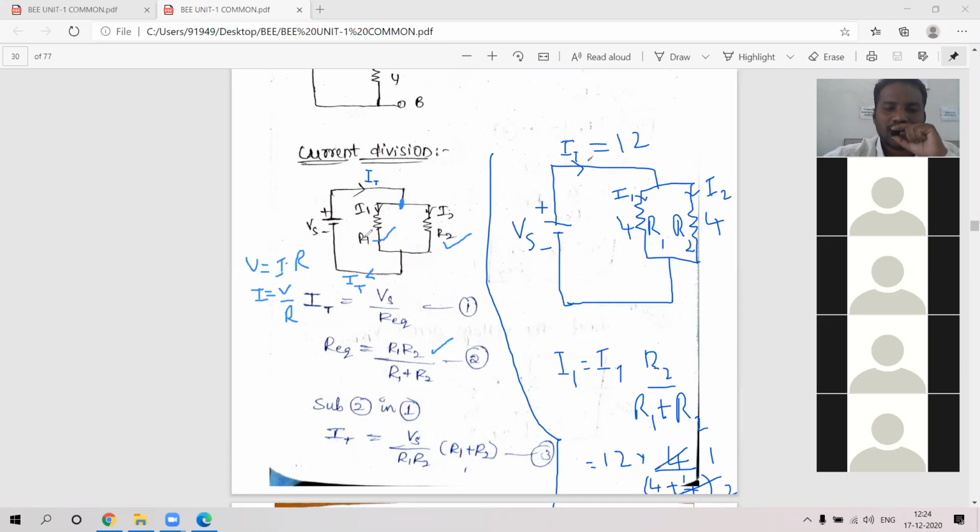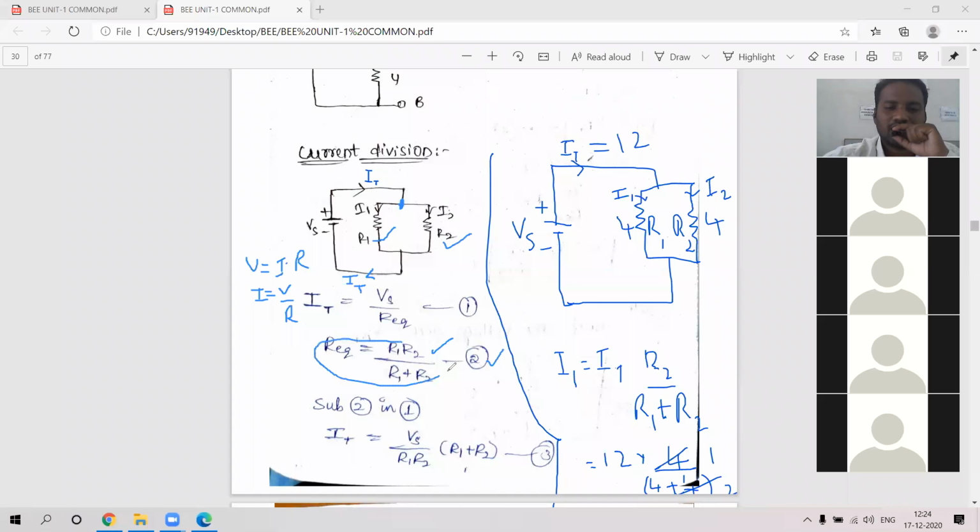Now I have the formula: I total is equal to Vs by R equivalent. That is equation number one. Equation number two we also got. I am substituting equation two in one. I total is Vs by R equivalent.